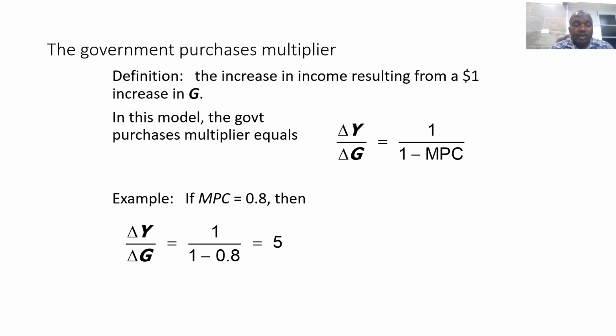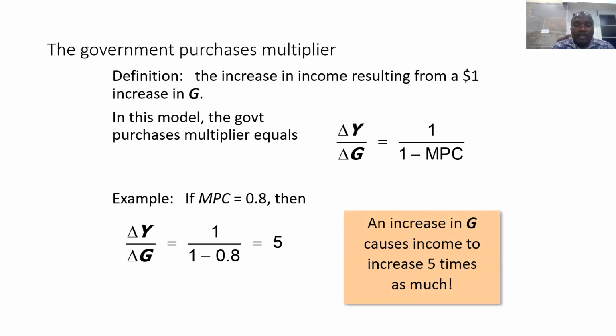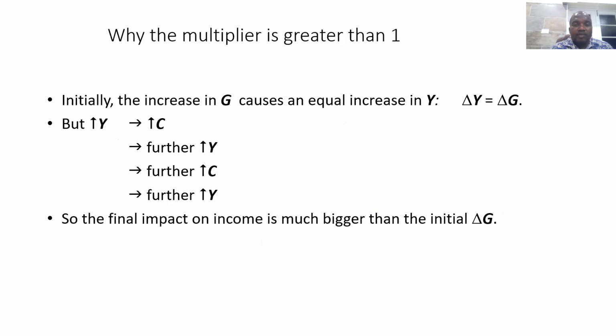So the government spending multiplier is simply 5, or the reciprocal of the marginal propensity to save. So an increase in government spending causes income to increase 5 times as much, according to the prediction of the government purchases or expenditure multiplier.